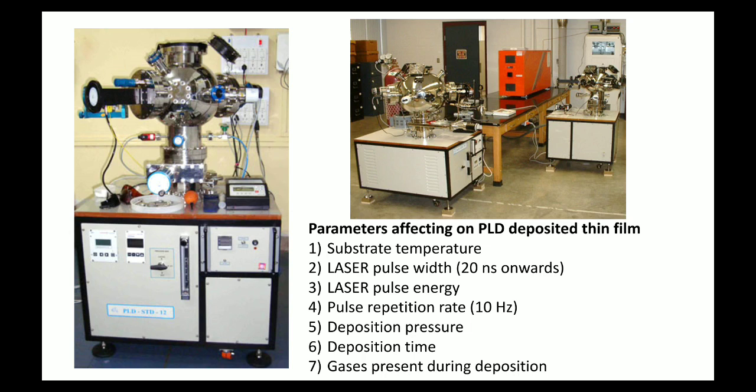All this arrangement is done. You can see the gate valve. You can also see a box kept on the table, and with it you can decide the number of pulses, the pulse width, and the frequency. All these parameters you are able to set with this box, which is connected to the source of laser.